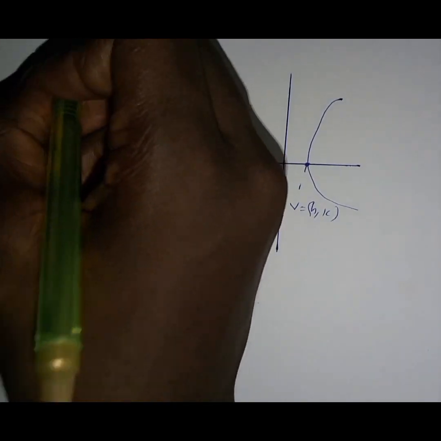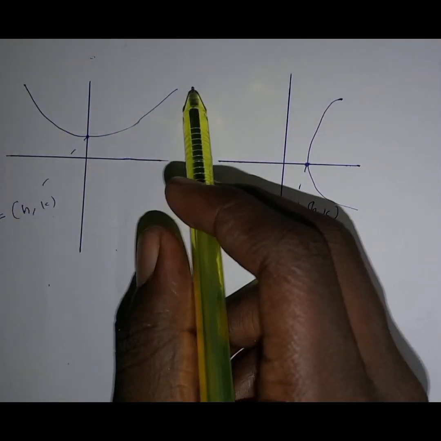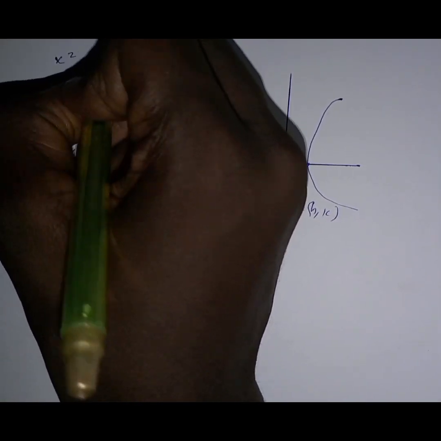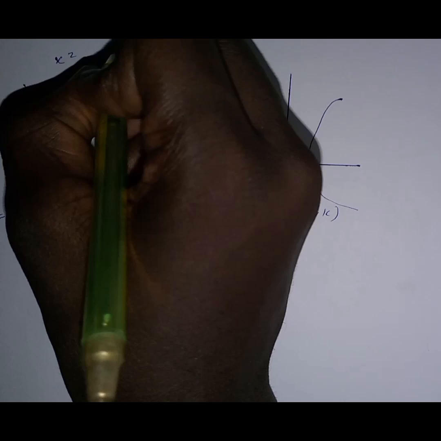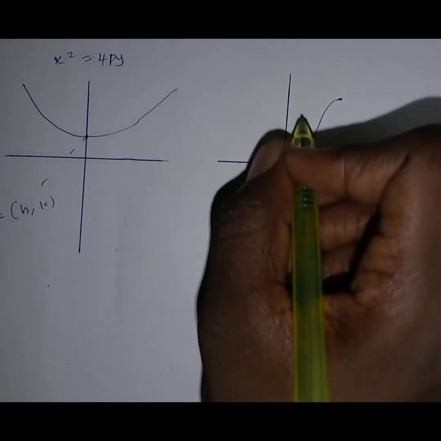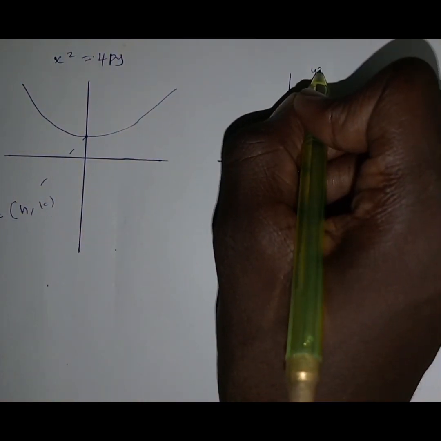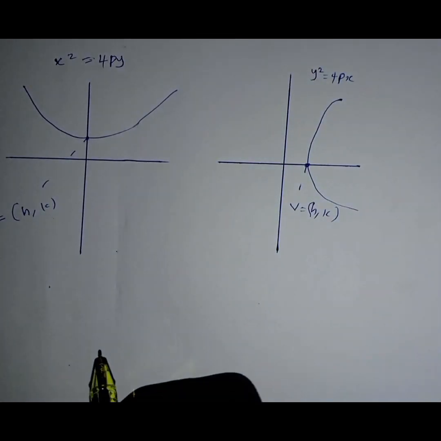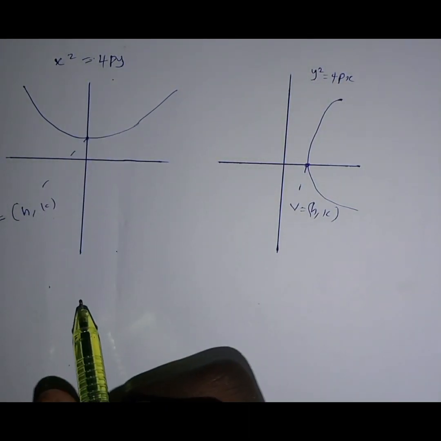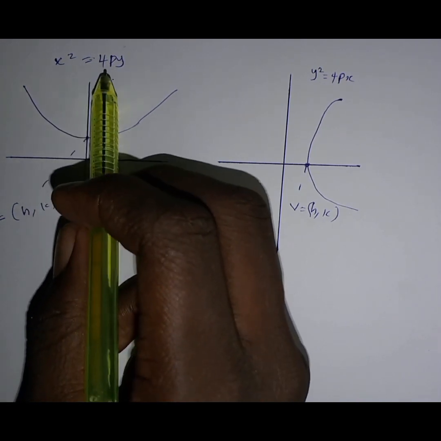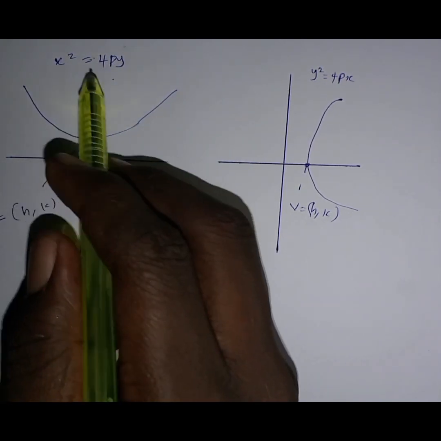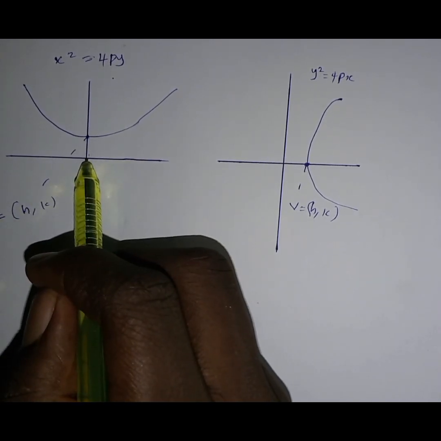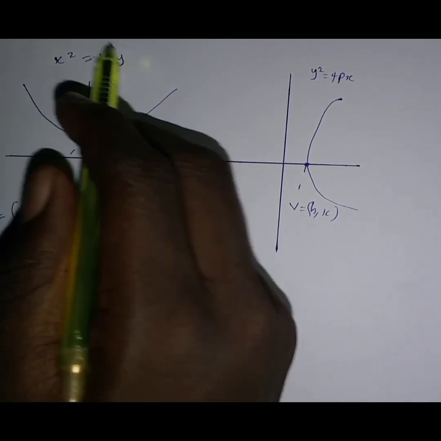Now remember, when this graph is at the origin, the equation is x squared equals 4py, and this equation is y squared equals 4px. So now how does this affect these equations? Since the vertex is not at the origin, this equation will change.